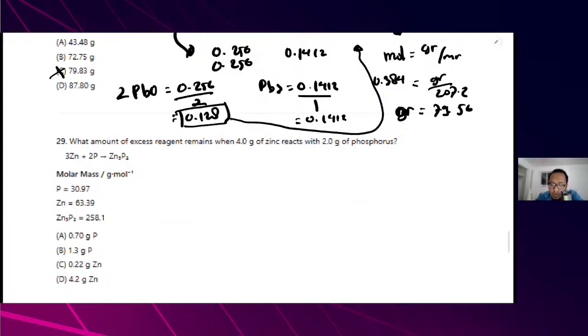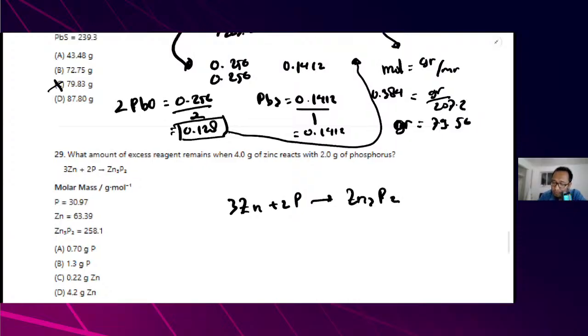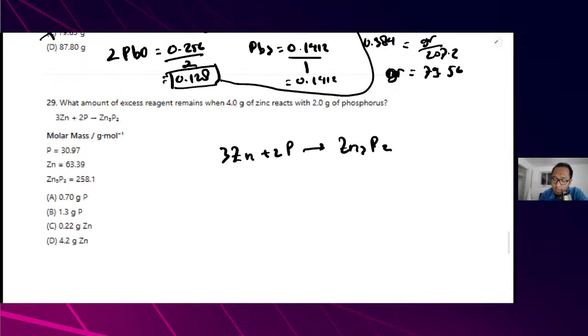Right. What amount of excess reagent remains when 4 gram of zinc reacts with 2 gram of phosphorus? Again, 3Zn plus 2P becoming Zn3P2. Okay? And then we have zinc over here, 4 gram. So 4 over 65.39.